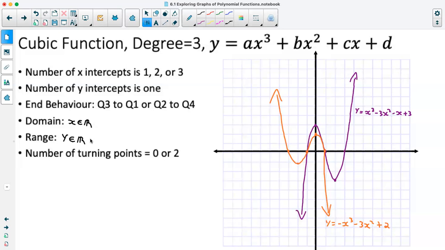Domain's going to be all real numbers, range all real numbers, and number of turning points for a cubic function is either 0 or 2. So that's some of the properties of polynomial functions.